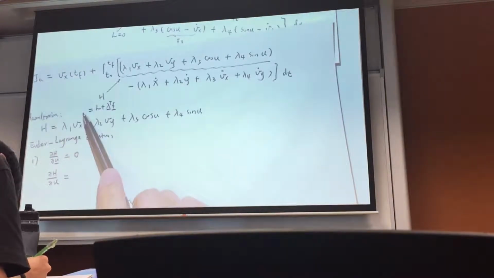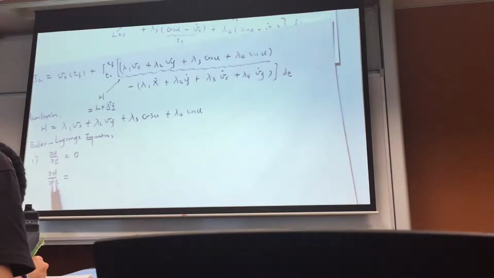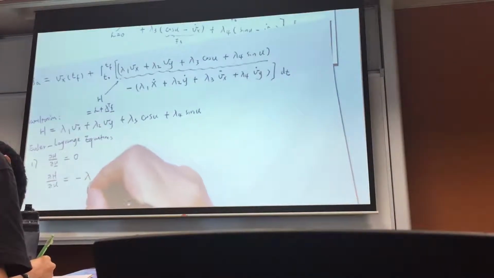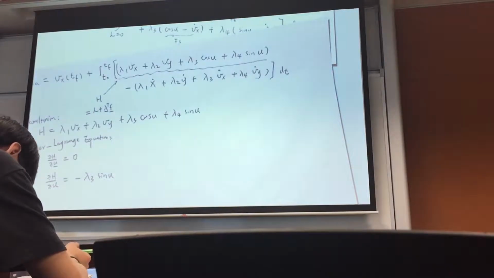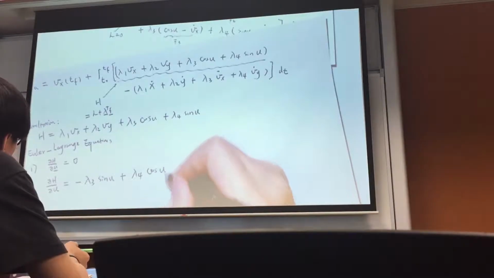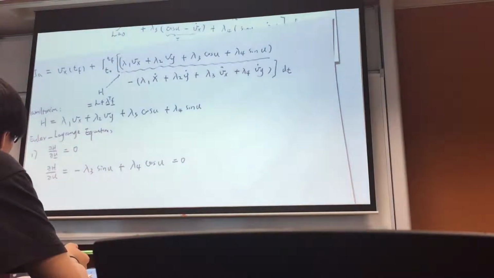So this part will be 0. Then for this part, the lambda 3 is a constant in terms of u. So the cosine u will become minus sine u. So this becomes minus lambda 3 sine u plus this lambda 4 cosine u. So this is equal to 0.